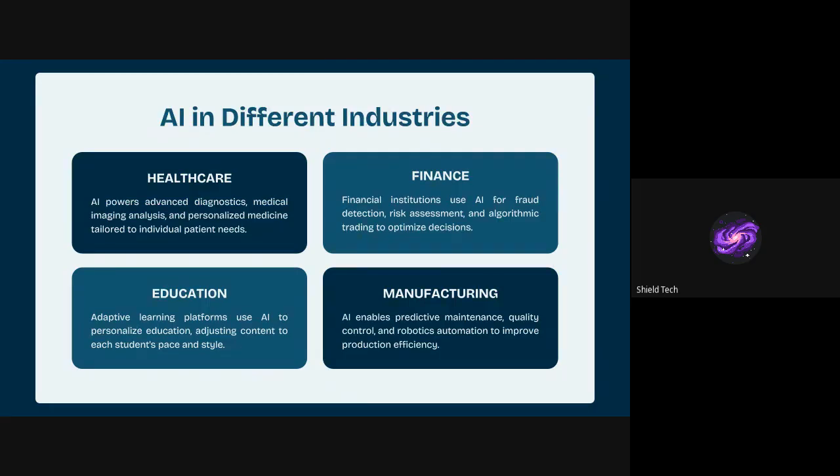Now with AI, predictive maintenance can be done, say, every 2 hours. You can use previous data to analyze and control most of your maintenance for you. Then there's quality control and robotic automation to improve production efficiency.